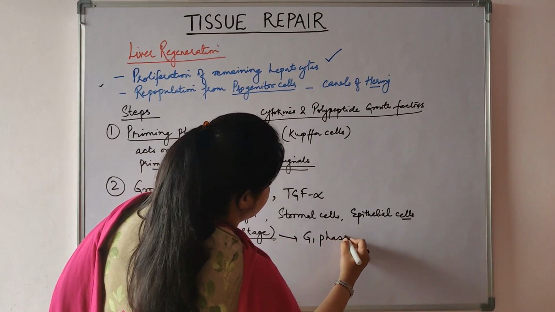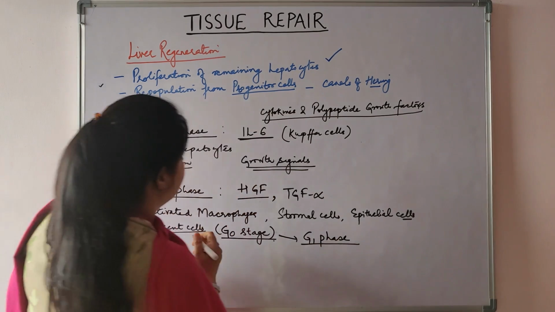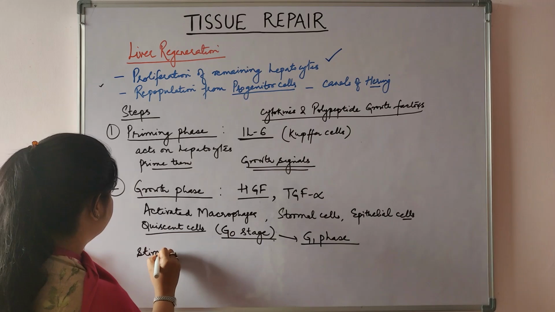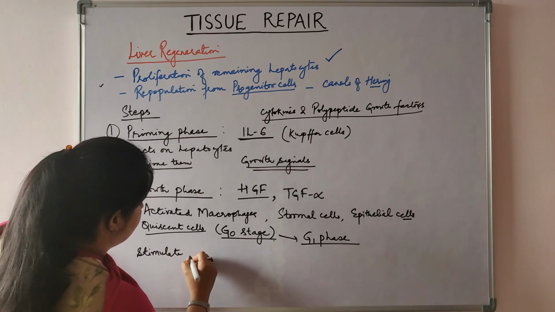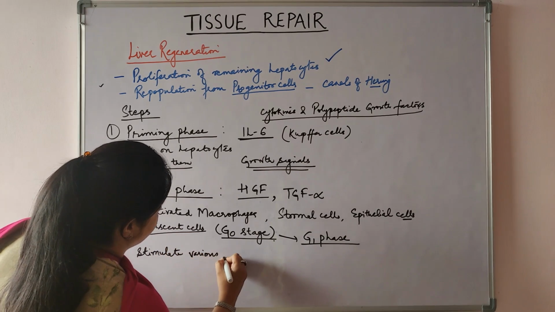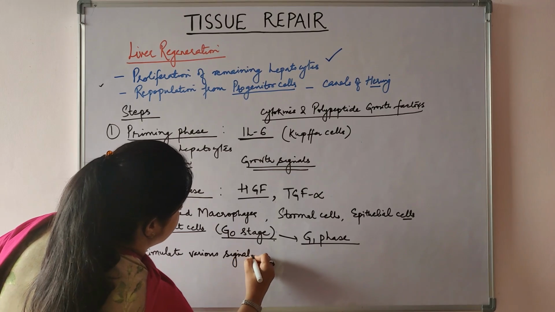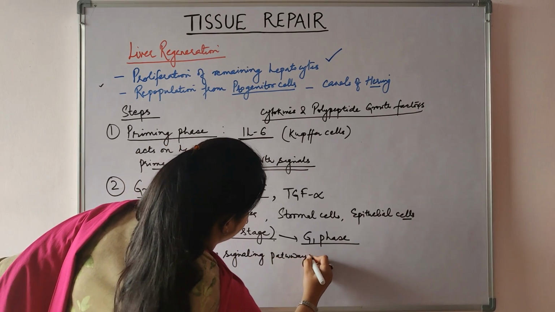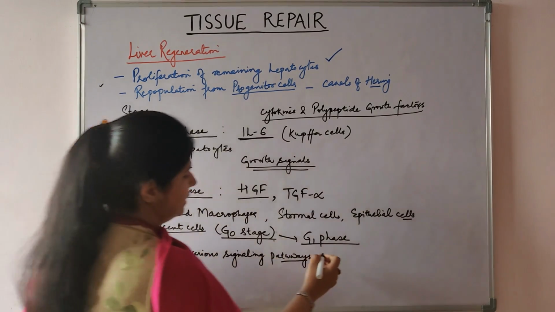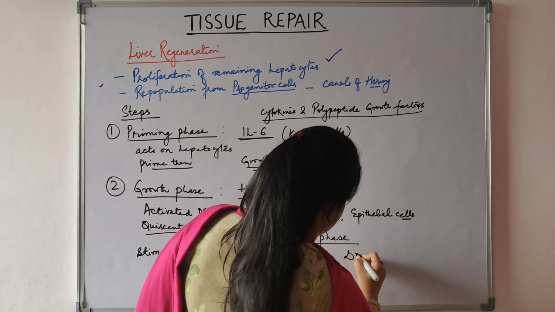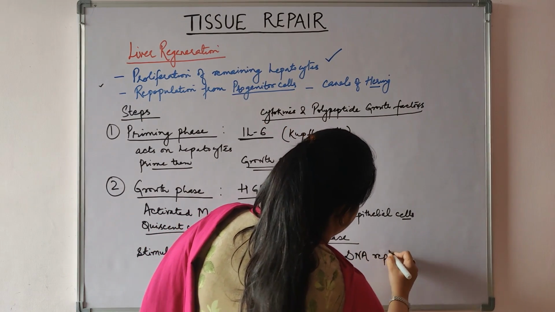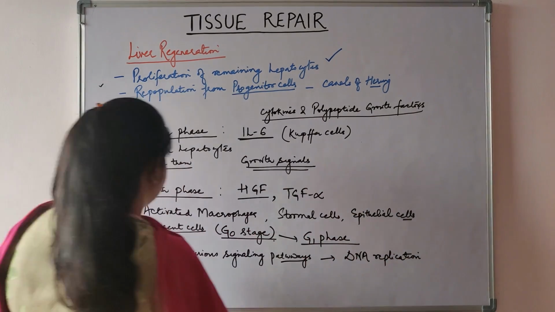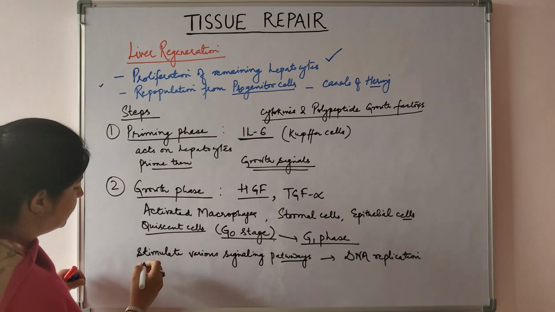So these growth factors act on the hepatocytes and activate various signaling pathways, and this leads to DNA replication, and various genes get activated.